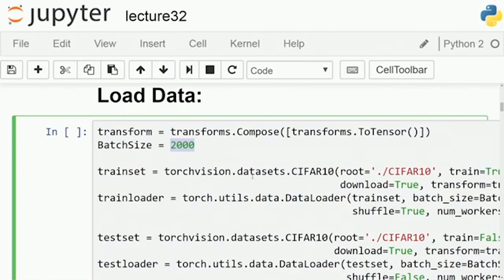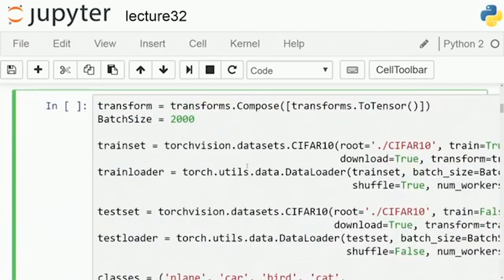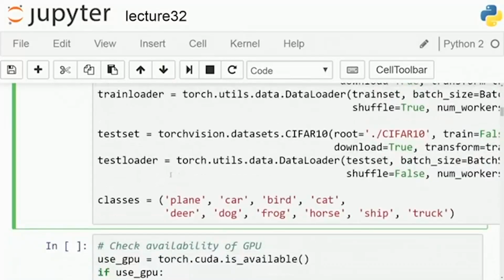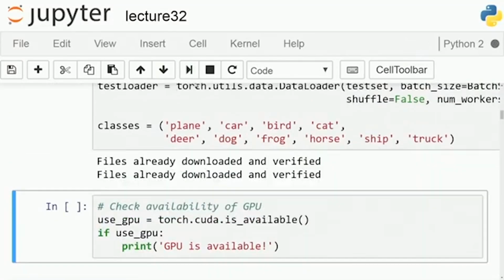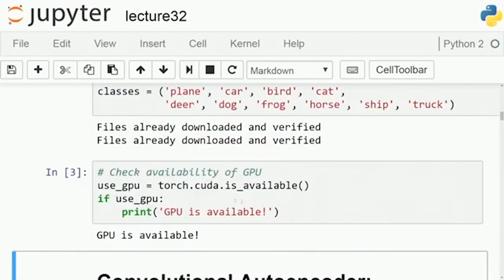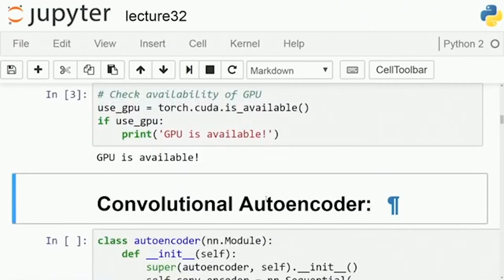The labels are of no use here, it is just the image which is going to be used. For batch sizes, we use a larger batch size of 2000 images in one single batch. Let us get this part running, and once that does, we check as usual for our GPU availability. My GPU is available, and that is great.